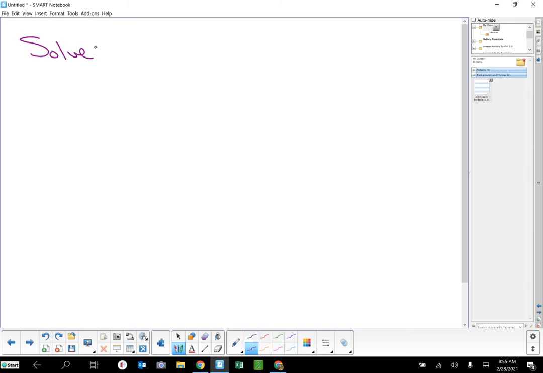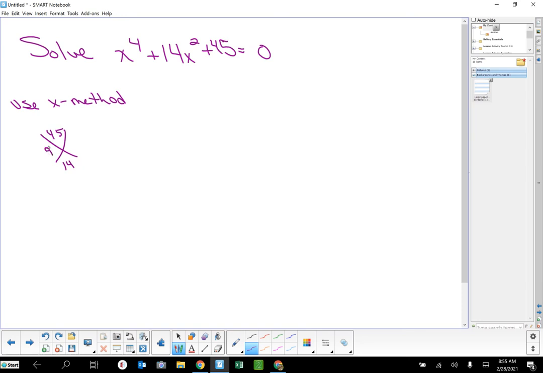Solve x to the 4th plus 14x squared plus 45 equals 0. So this guy, use X method. If you don't like X method, you could use quadratic formula, but good Lord, what a pain. So you have 45, you have 14, this is 9 and 5. You're dividing by 1.